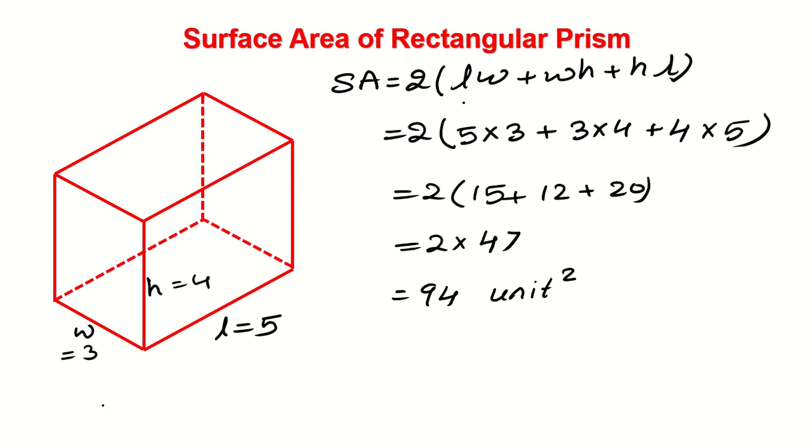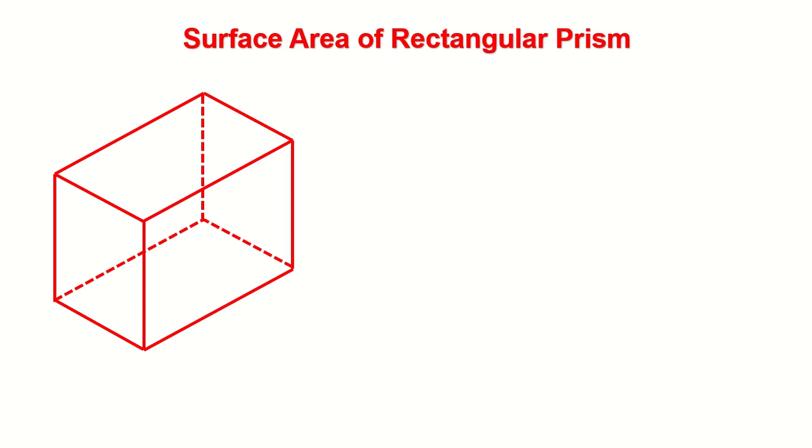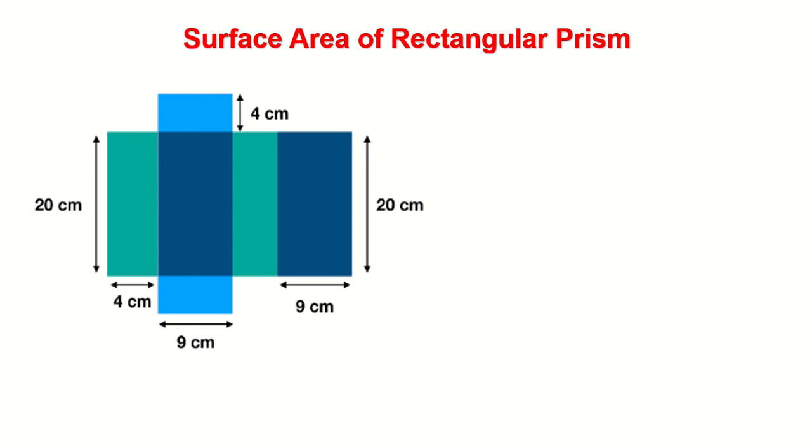Okay. Another method for surface area of a rectangular prism: they can give you a question like this. Here you see the net diagram of the rectangular prism. Net diagram means if you open all the surfaces, how it will look. So what will you do in this case? It is also very easy.